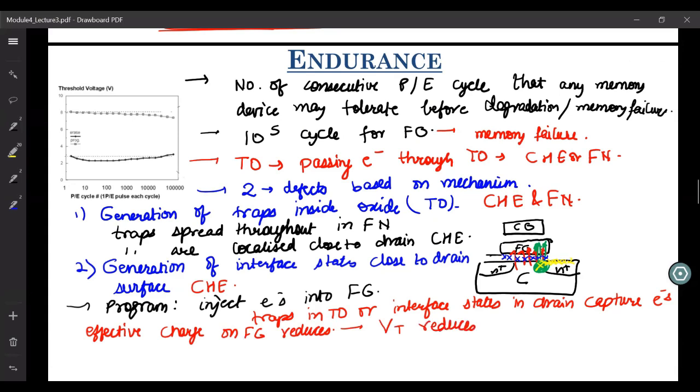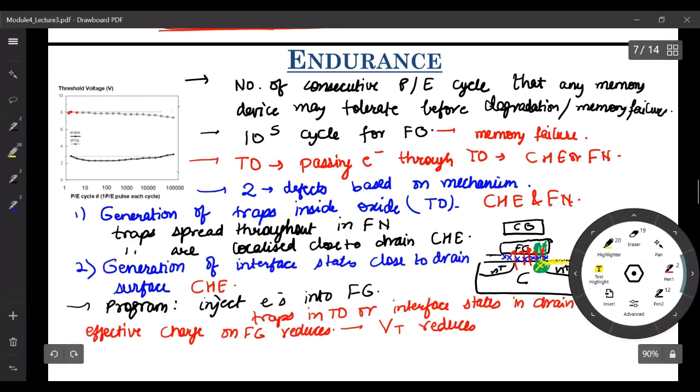So you program your flash and then erase it. When you subsequently program and erase it, you generate traps with each programming cycle. As your program erase cycle count increases, more traps or defects or interface states are created, and they tend to capture more electrons.